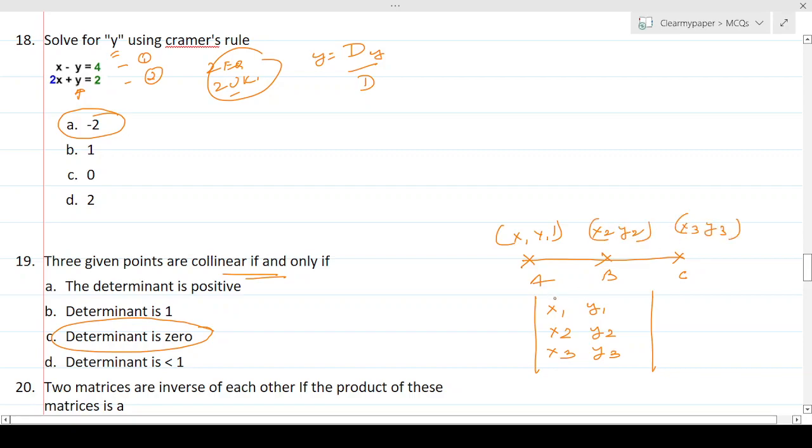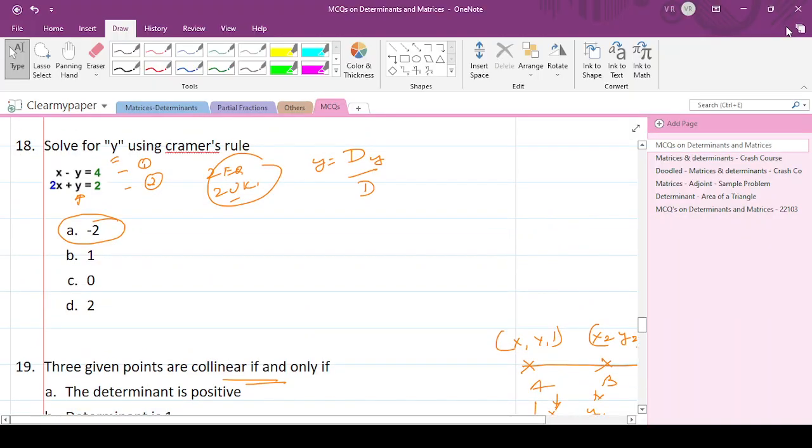So we take all the x variables, all the y variables, and this is unit. In the area, normally we apply plus or minus half, but you don't have to apply that. You just need to take the determinant of this. And if the determinant is 0, that is enough to prove that these three points are collinear. So the determinant should be equal to 0. That's the formula, and that's what answer C is pointing to. That's what it means.